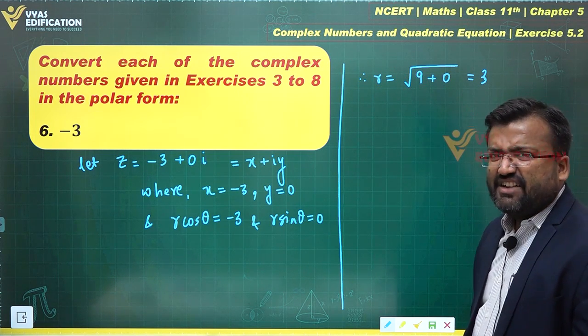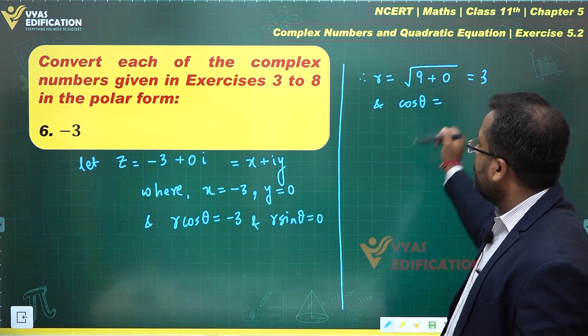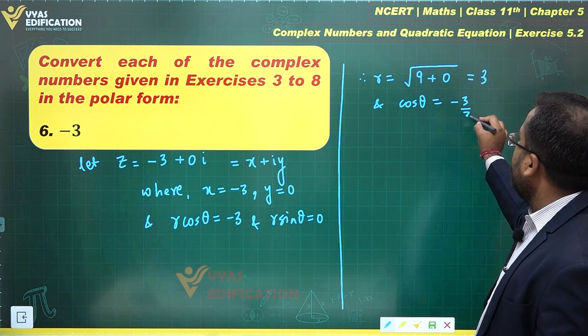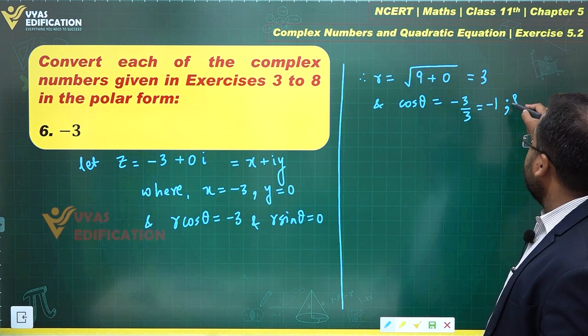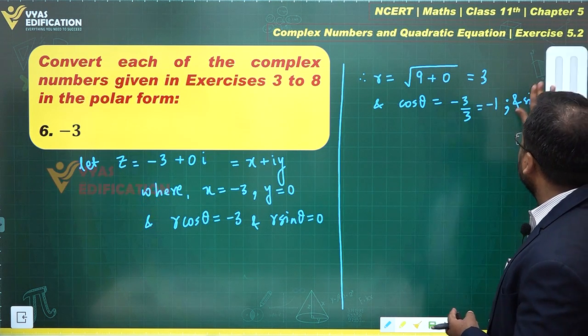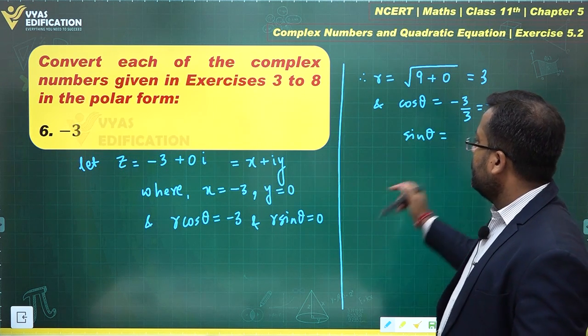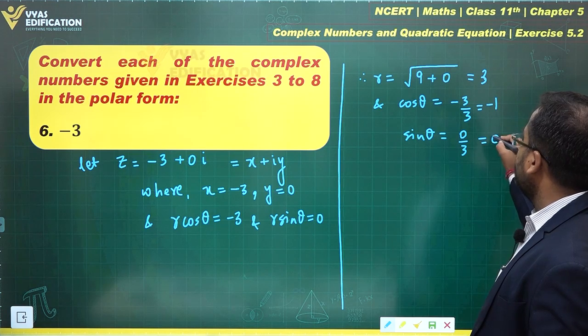Okay, that gives us the value of r, and cos theta becomes equal to minus 3 over r, which is minus 1. Sin theta becomes equal to 0 over r, which is 0 over 3, which is simply 0.